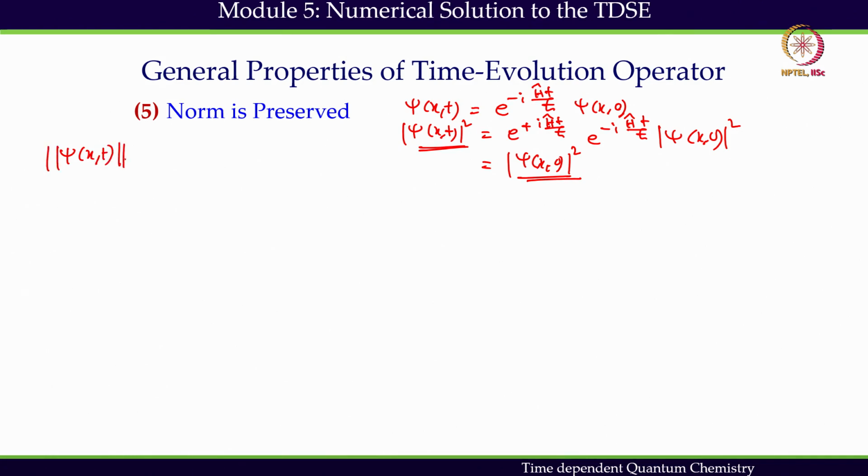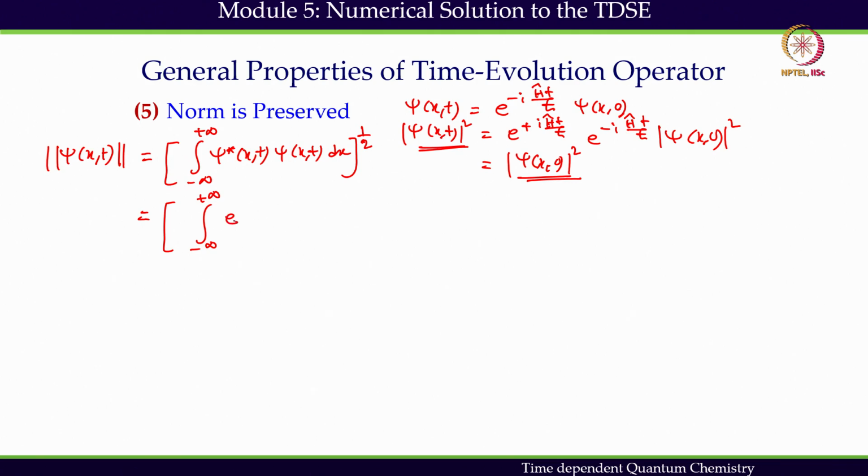Norm is represented by these double vertical lines, and we have seen the definition of norm in the previous module, that is nothing but integral of psi star x t psi x t dx to the power half. That is the definition of the norm. Now, I employ time evolution here.